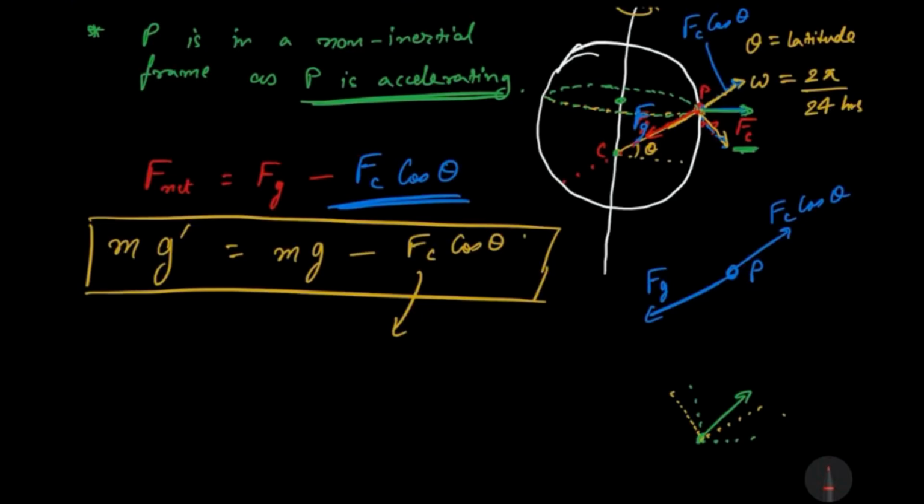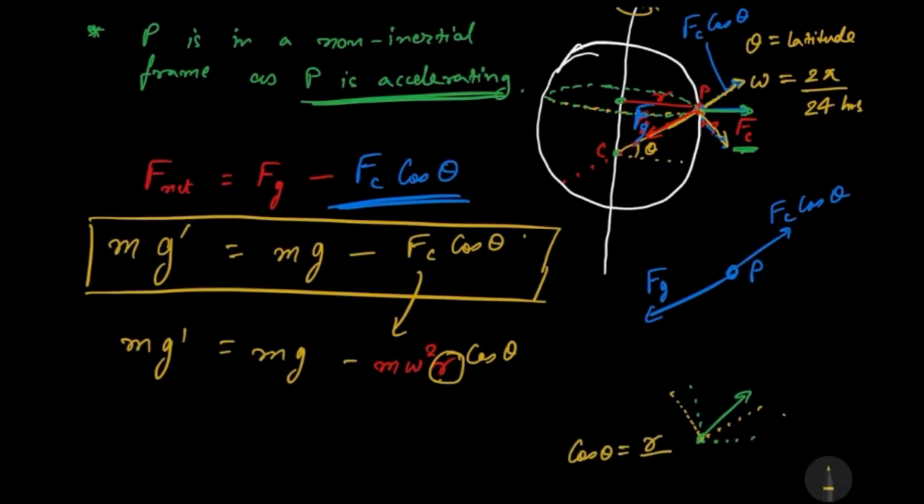Centrifugal force, m omega square r, and this r is going to be the radius of the green dotted circle, cos theta. Let's write everything, mg dash, and then this r, you have to relate it now to the capital R. So we can say cos theta is equal to base by hypotenuse, which is small r, by capital R. So r cos theta, so this is what we get, mg minus m omega square capital R cos theta.